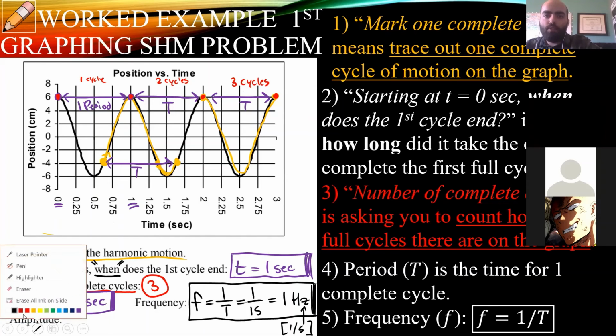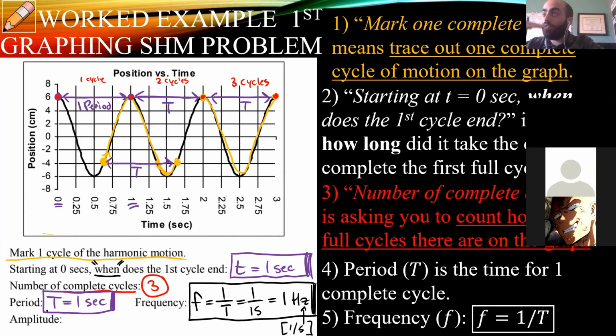And the amplitude, that's just the maximum distance from equilibrium. If you start at 0 and go up, how far do you go up? Or if you start at 0 and go down, how far do you go down? And so it looks like if we start at 0 and go up, it's 6 centimeters. If we start at 0 and go down, it's also 6 centimeters.